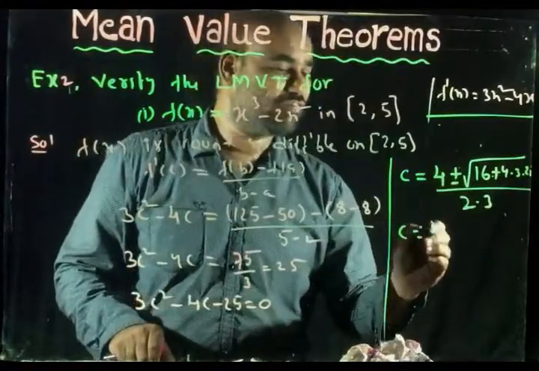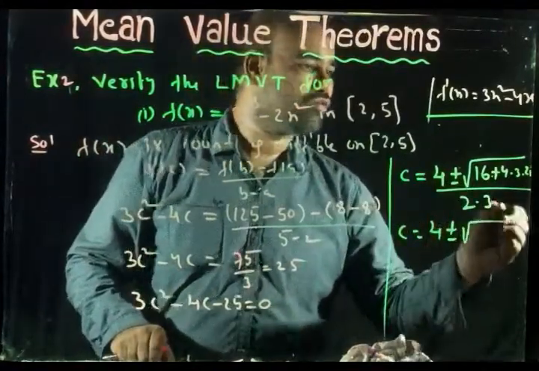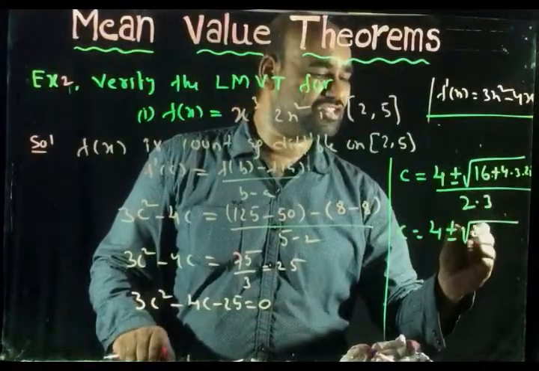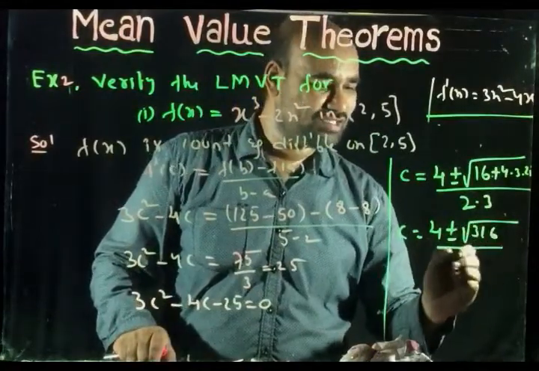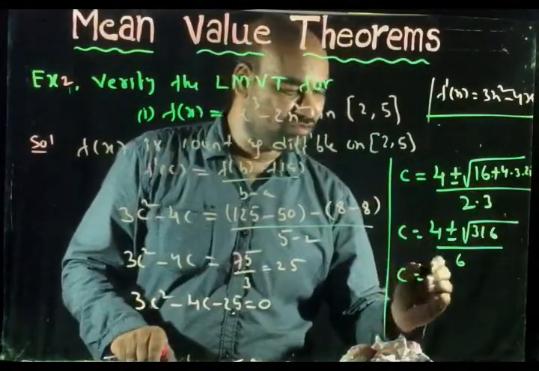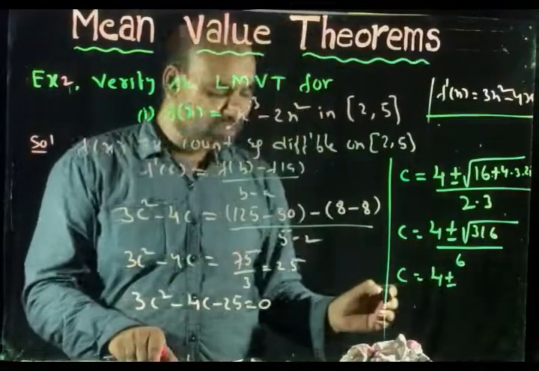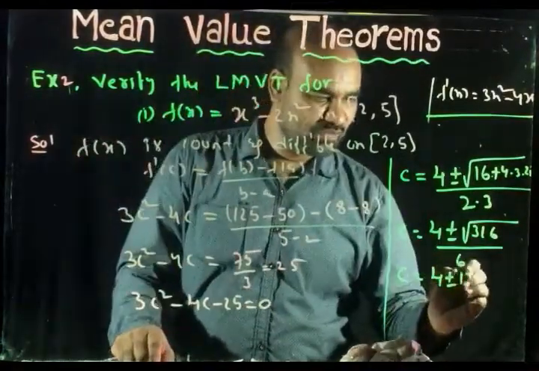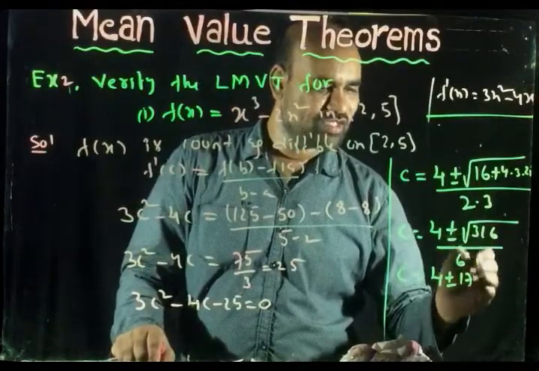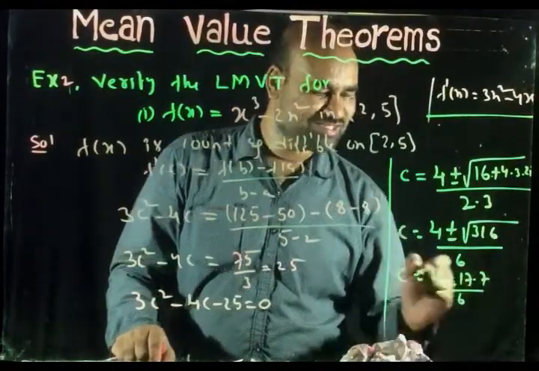So c equal to 4 plus or minus root over 316 by 6, that is 4 plus or minus 17.7 by 6.